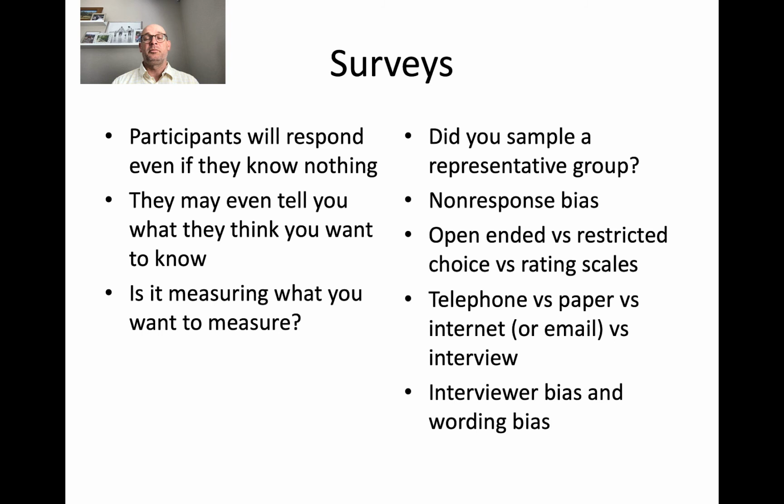Did you get a representative sample? Did people not show up in your survey data because of non-response bias? Are they not answering certain questions, not out of randomness, but because they're awkward questions or they don't want to give you that information? Like most of the time, if you ask a religious preference on a survey, you ask people's individual ages, really personal questions about their sexual behavior, they're just not going to answer.